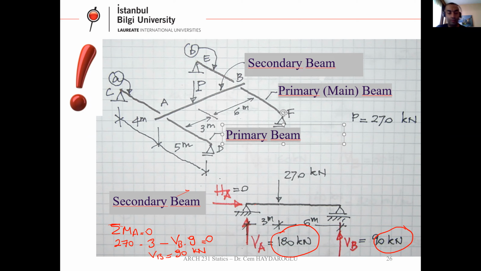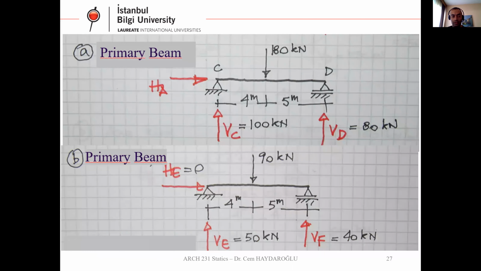Okay, what is VA? VA is the point load at this point, and VB is here. Vertical load. Okay. So now we are going to take out the primary beams one by one and calculate their support reactions.